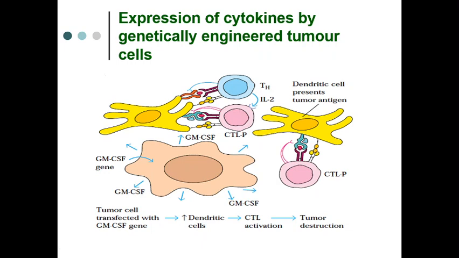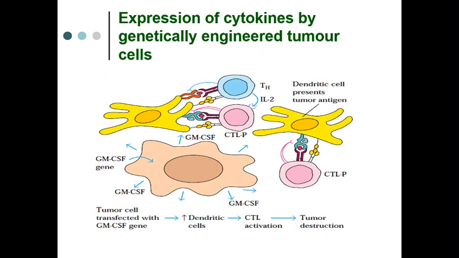Such an enhanced response against the tumor will make the tumor be attacked by the cytotoxic T lymphocytes, and Th cells will enhance the response by secreting IL-2. So by enhancing the immune response using GM-CSF expression through the tumor cells, one can kill the tumor cells by this approach. This is also called an ex-vivo gene therapy approach.